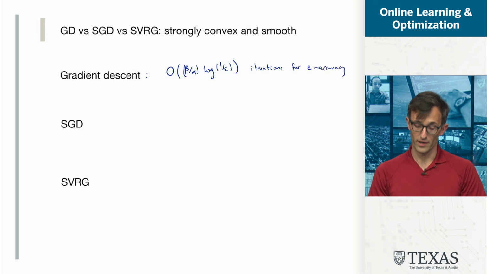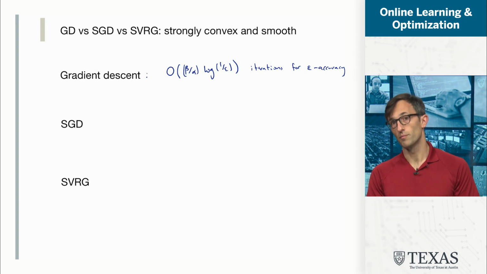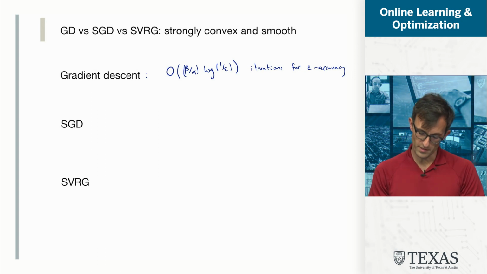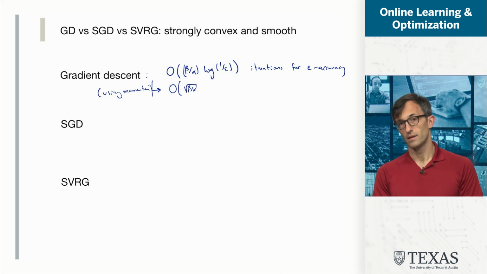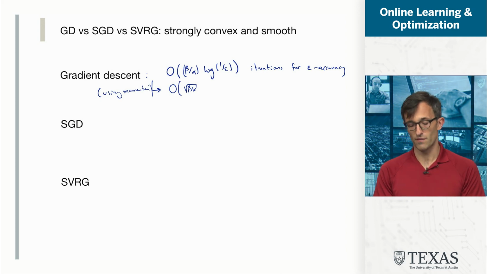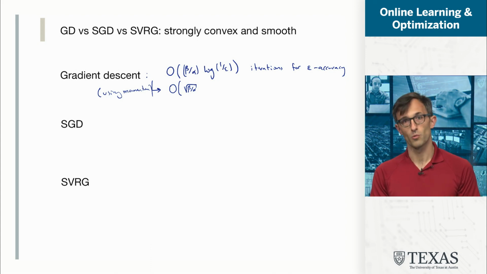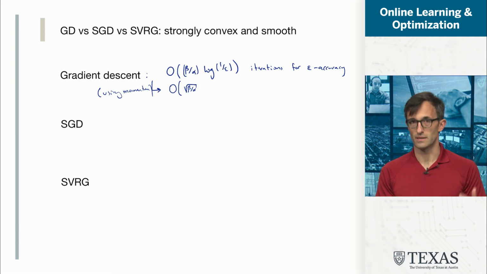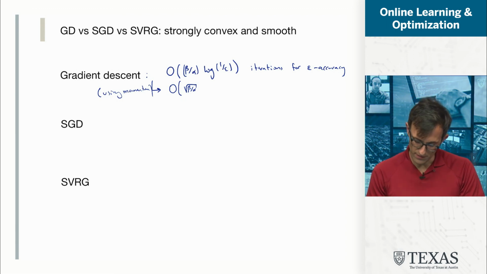And for accelerated gradient descent, in other words, gradient descent where we also employ momentum, we can improve this using momentum or acceleration to order square root of beta over alpha. Now, since beta is a quadratic upper bound and alpha is the parameter for a quadratic lower bound, beta will always be bigger than alpha. That means beta over alpha is bigger than 1, and therefore we're happy when we take a square root. It makes things smaller. Square root of beta over alpha times log 1 over epsilon, again, iterations for epsilon accuracy.